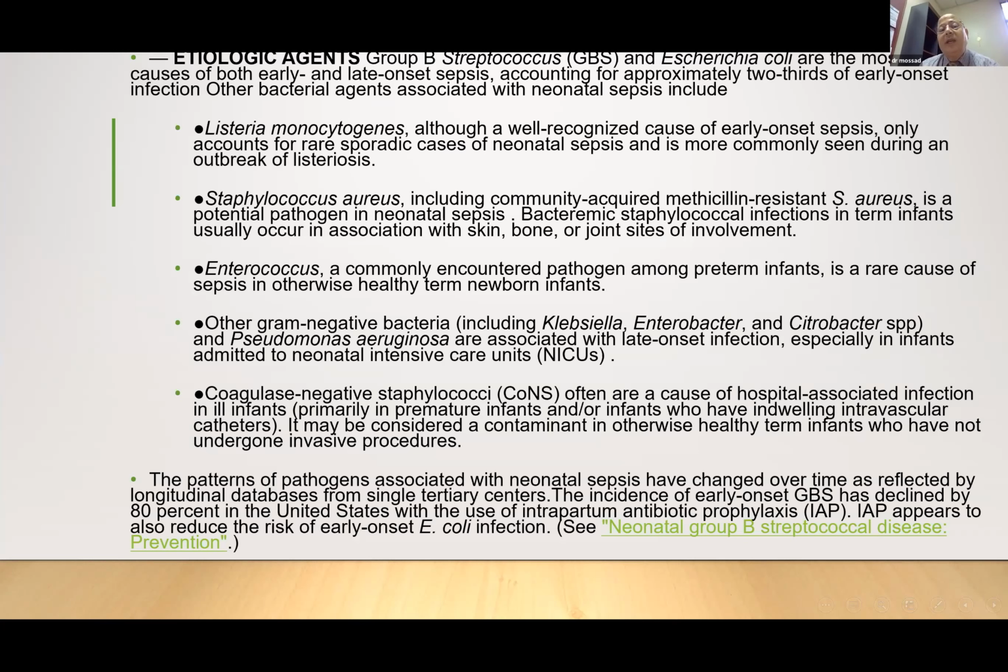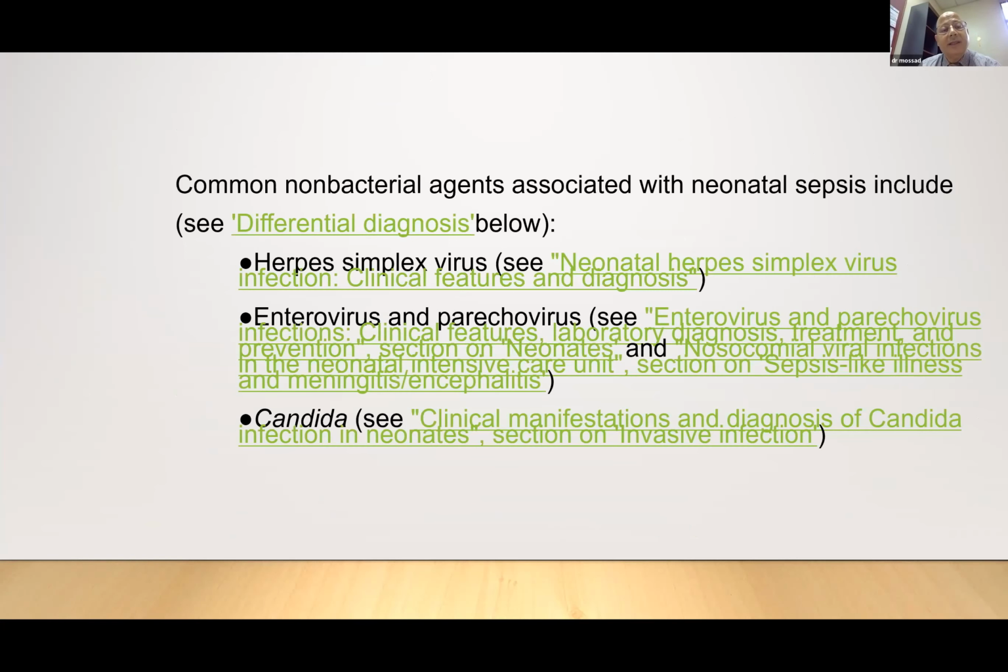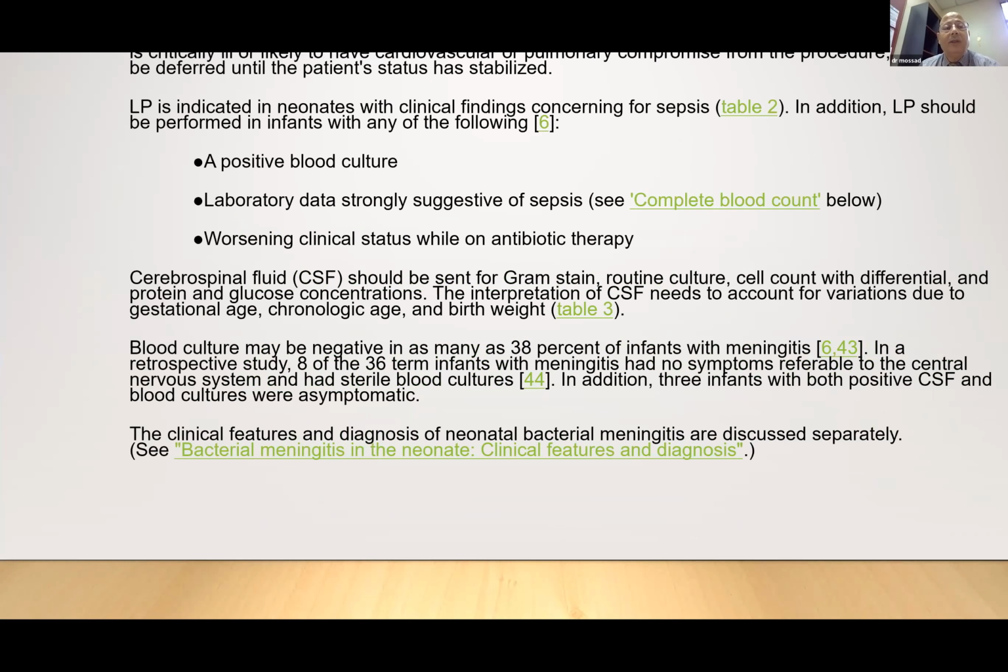This is the point which you spoke about before. Using intrapartum antibiotics will decrease it. Okay, there is non-bacterial, as we said, like herpes simplex, enteroviruses, and Candida. It is very, very important.